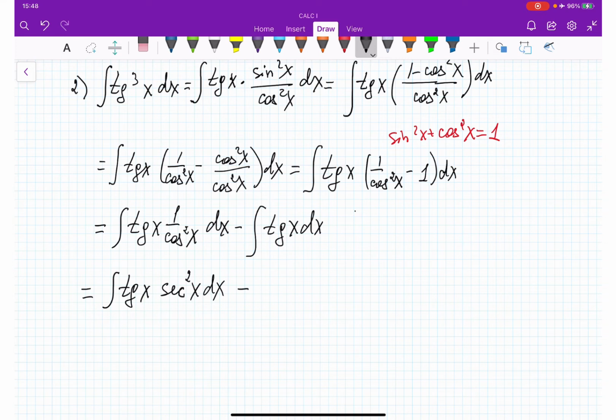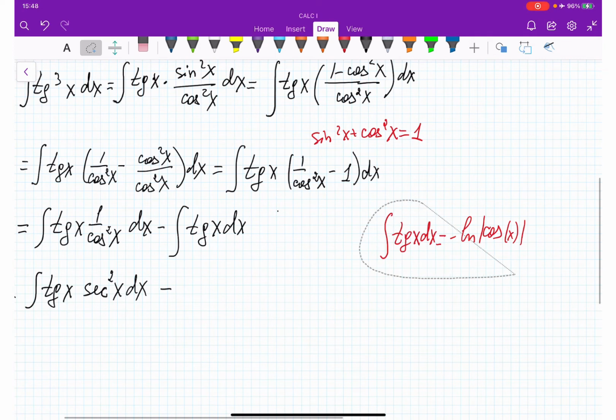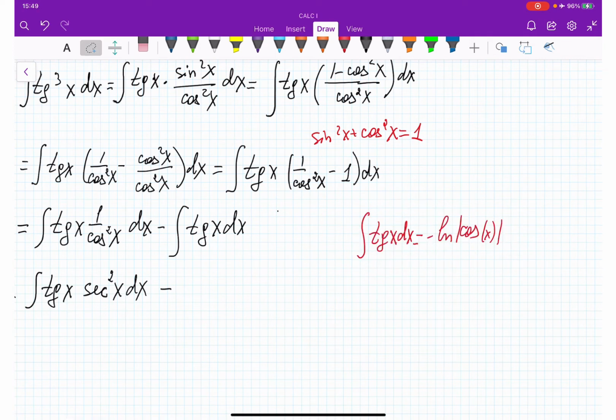Let me write down the separate integration formula here: the integral of tangent x dx is equal to negative natural log of cosine x plus c.